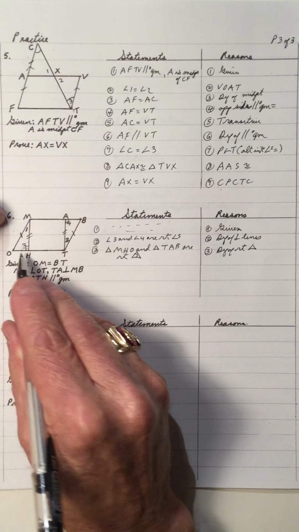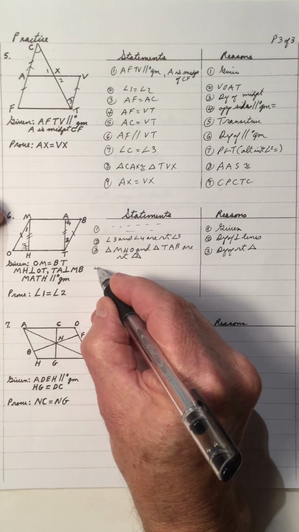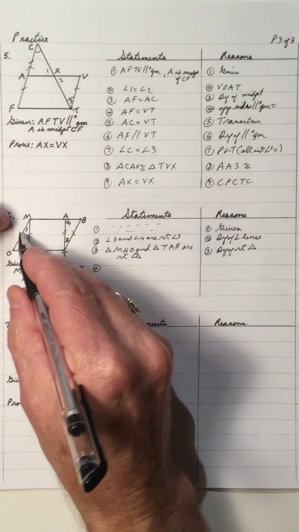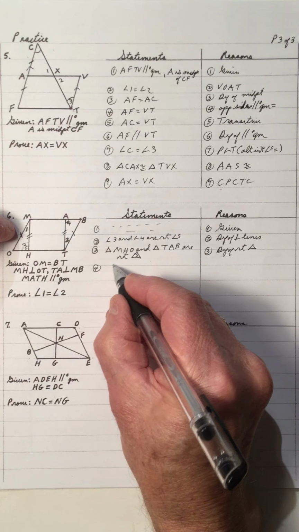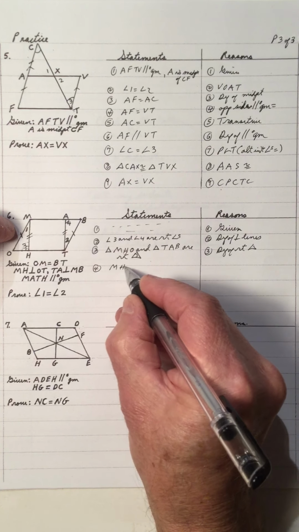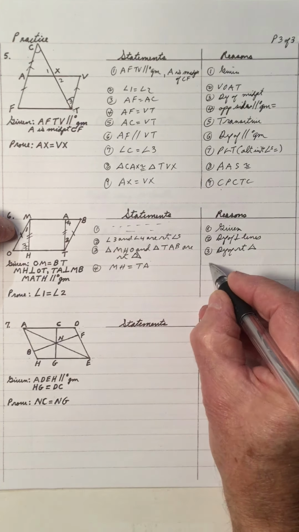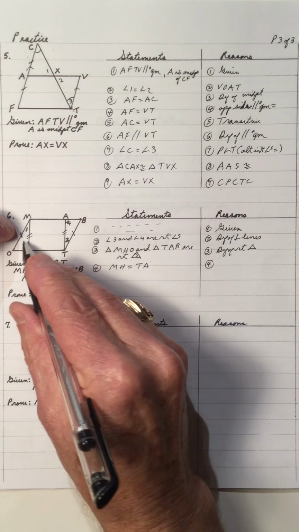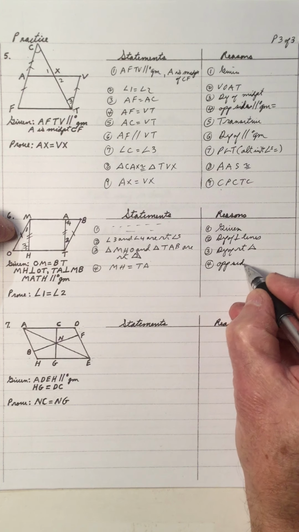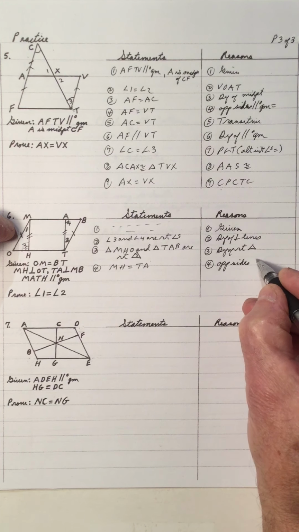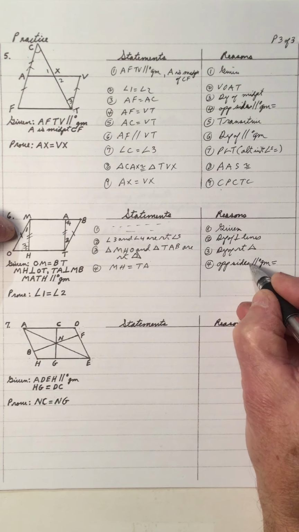Now, because I have right triangles, I'm able to say HL, but I got to get the... So I have those equal. Now I got MH equals TA. Because I got a parallelogram, the opposite sides of a parallelogram are equal.